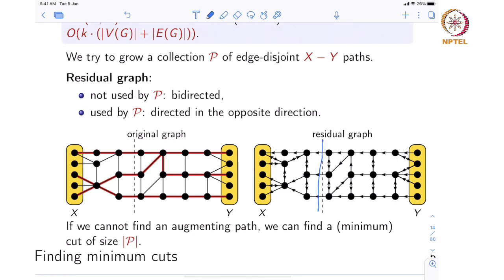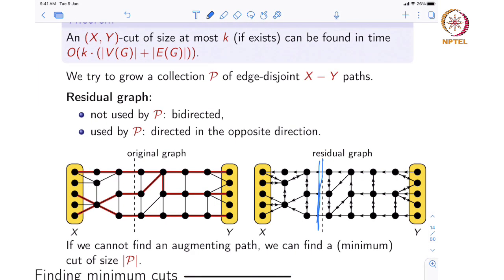For example, here, this is your min cut. If you delete this set of edges, then you cannot reach x from y. The equality is guaranteed by Menger's theorem or the max flow min cut theorem. So this is how we can find a min cut of size at most k in k times m plus n time, which is linear when k is fixed.